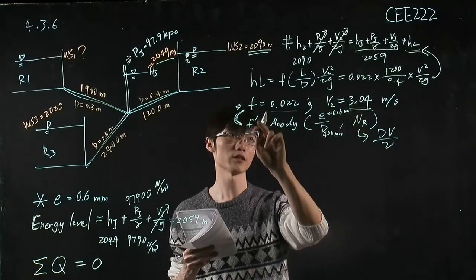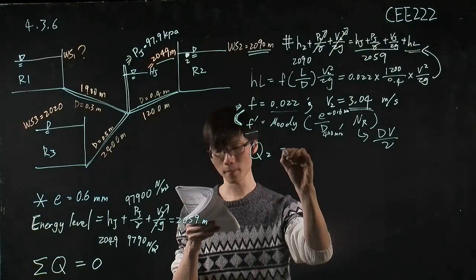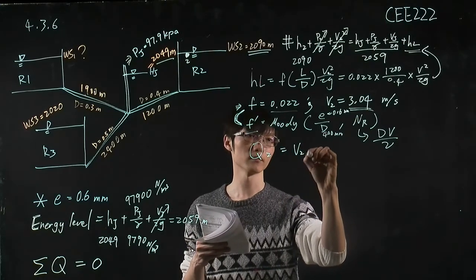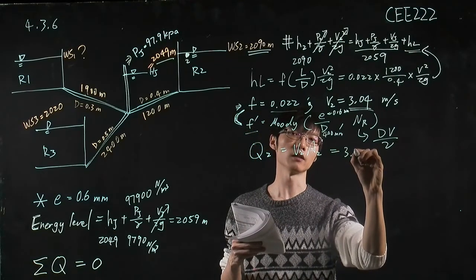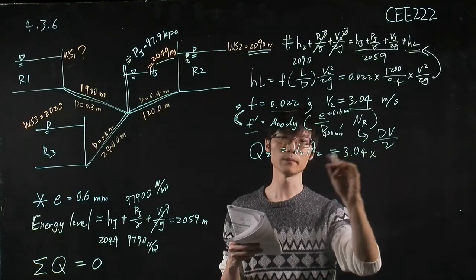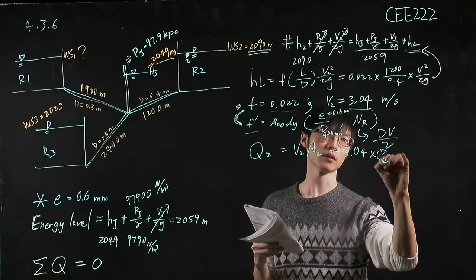Okay, so I skip the verification step and simply use this V2 that we calculated using our first assumption. So we can calculate the Q2 using this equation, velocity times the area of this pipeline.